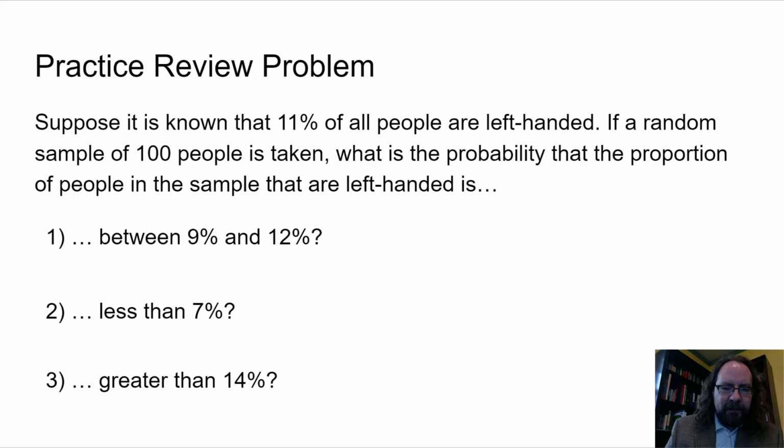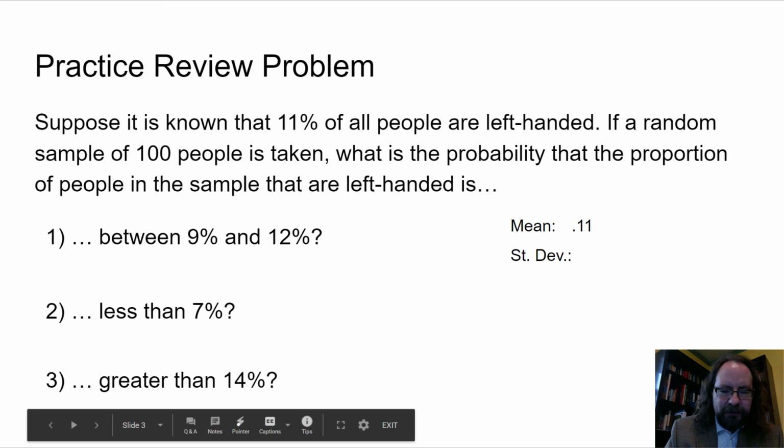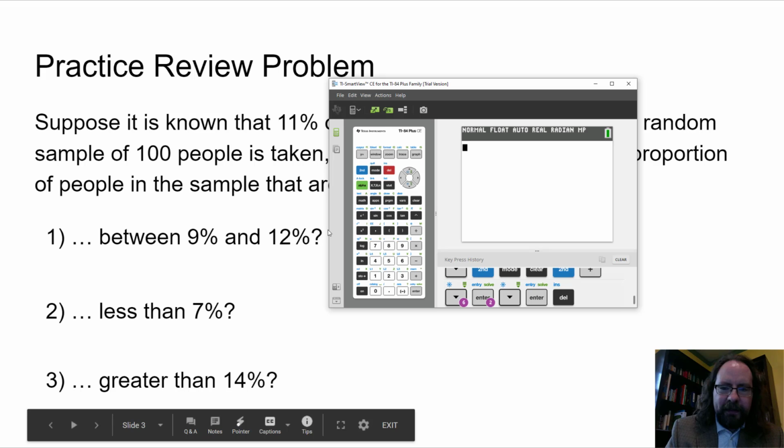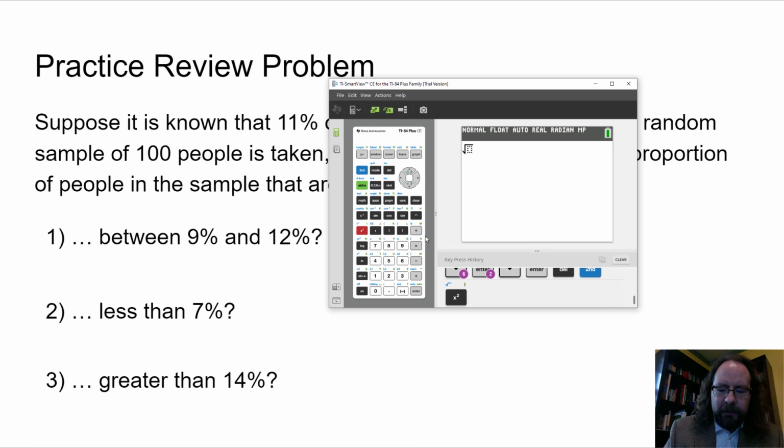So let's take a look at how we would solve this. We know that the sampling distribution will have a mean of 0.11 because that is the parameter, 11%. In order to find the standard deviation, we would have to bring out our calculators, and I'm going to do the square root of 0.11. I know that 1 minus that is 0.89, and that's divided by 100 under the square root.